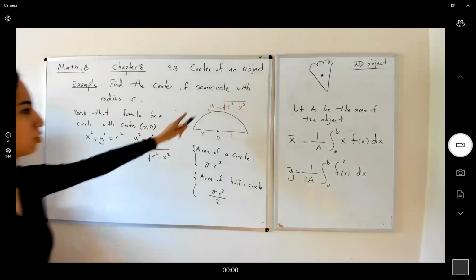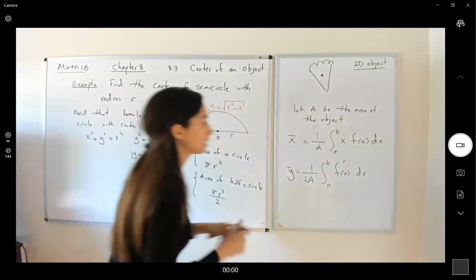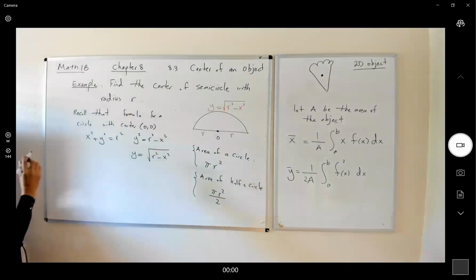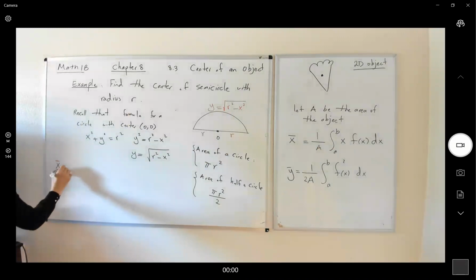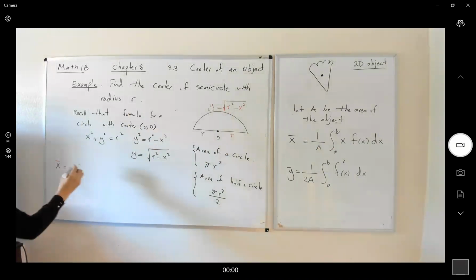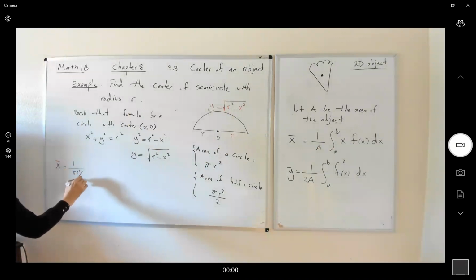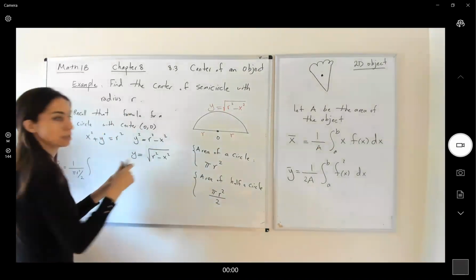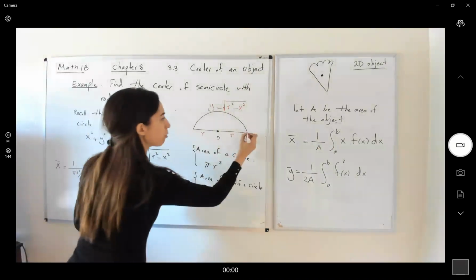Okay, so we found our function f of x. Now we have to find x bar, then we have to find y bar and see what's going on. So x bar is equal to 1 divided by a, 1 divided by pi r squared over 2, integral. Your x ranges between negative r and positive r.